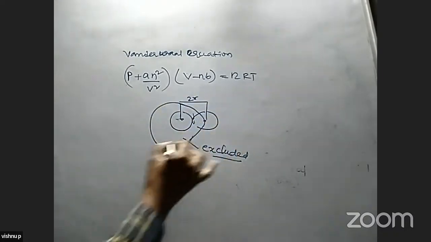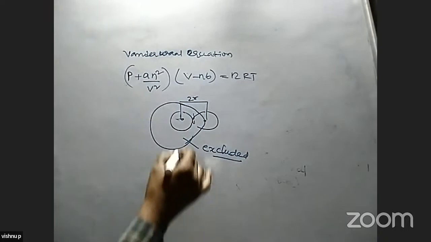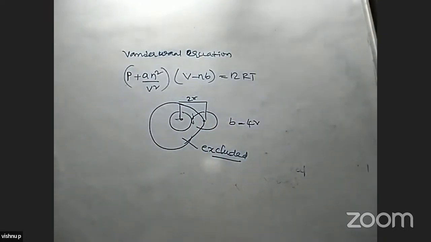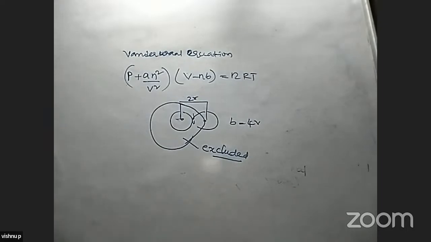This excluded volume is indicated by B, and B is equal to 4 times the volume of the gas molecules. Between real gases, attractive or repulsive forces are present, and that is indicated by one constant, A. So A indicates the attractive forces, and B indicates the volume that is not included.